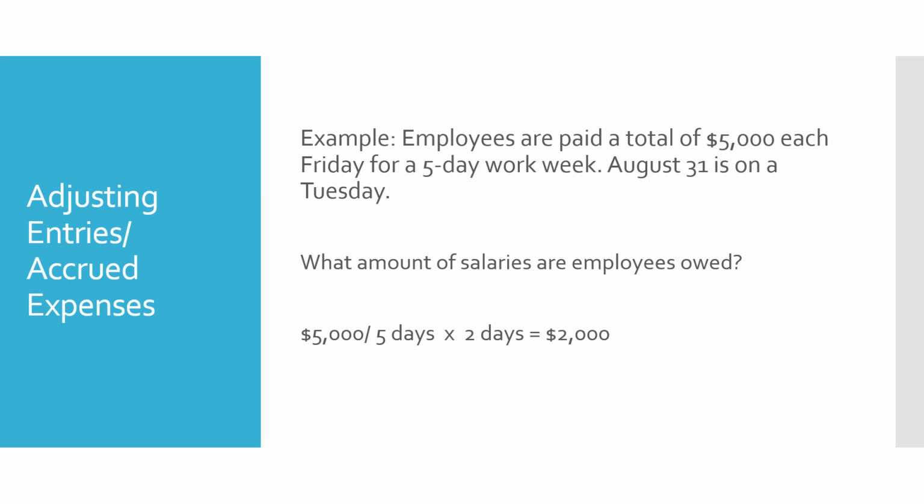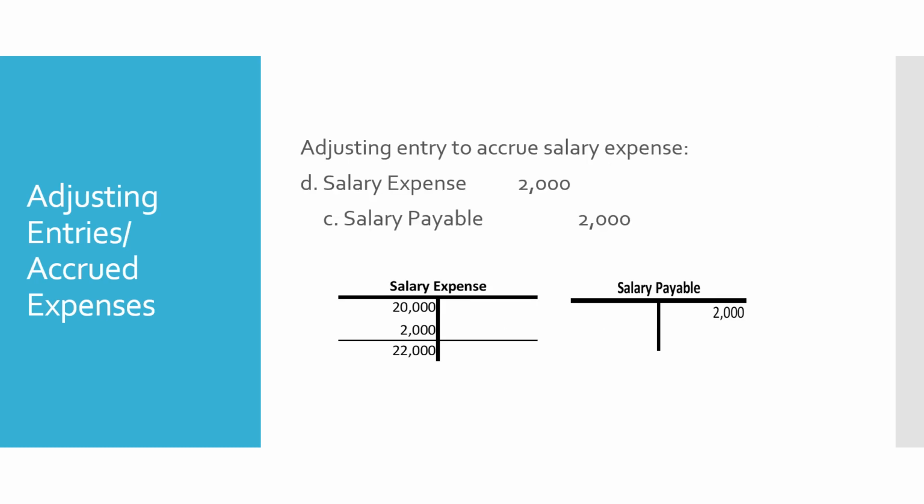So we're going to take the $5,000 that we pay them for a 5-day work week. We're going to divide it by 5 days. It basically is going to work out to $1,000 per day times 2 days. So the amount we want to accrue is $2,000. So our adjusting entry here, debit to salary expense, credit to salary payable for $2,000.